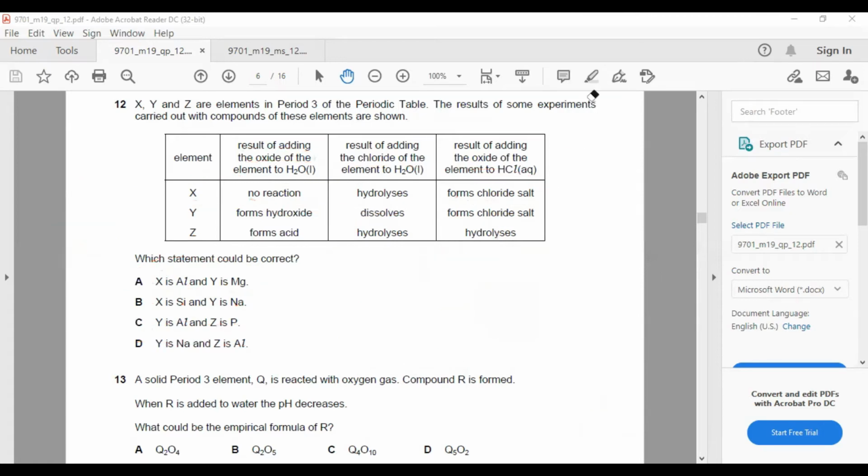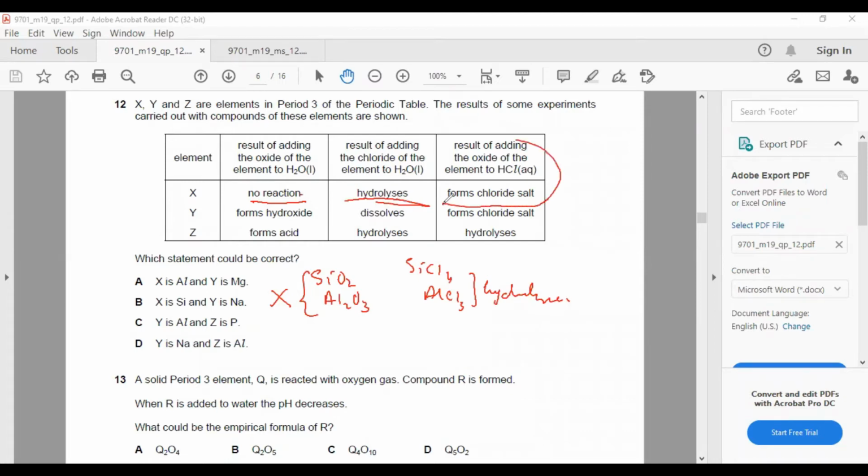I explain again because the examiner says it is a challenging question. X has no reaction with water. XYZ are elements of period 3. There are only two such oxides, silicon dioxide and aluminum oxide. These two are not soluble in water. Both silicon chloride and aluminum chloride hydrolyze. So X can be silicon or aluminum.